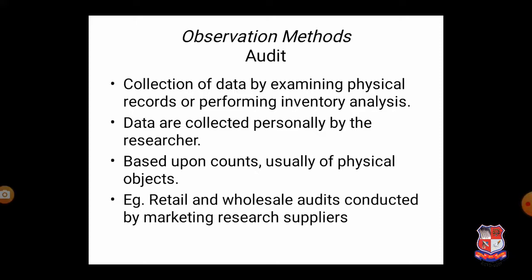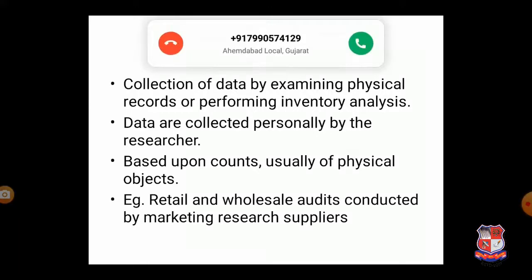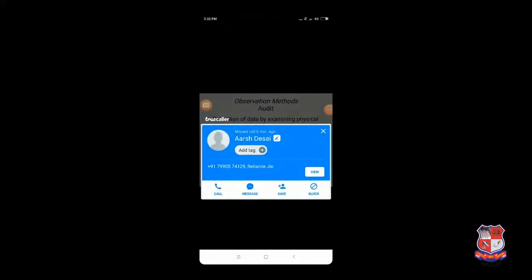The inventory count is an example of the audit method, where the researcher goes to the retail store and verifies how many units of a product, for example Lux, are actually available. That is an example of the observation audit method.